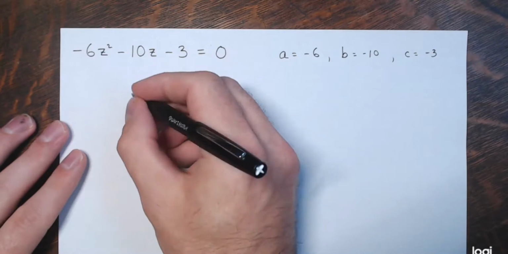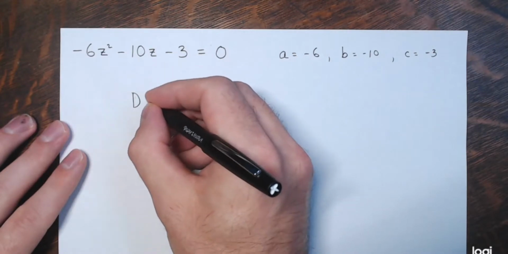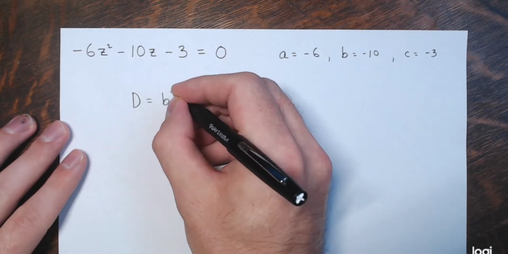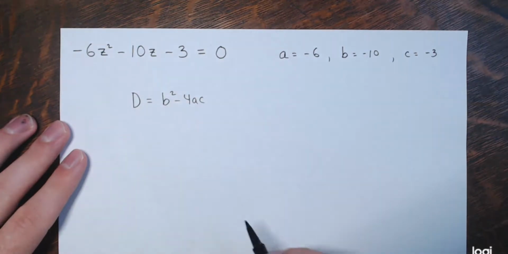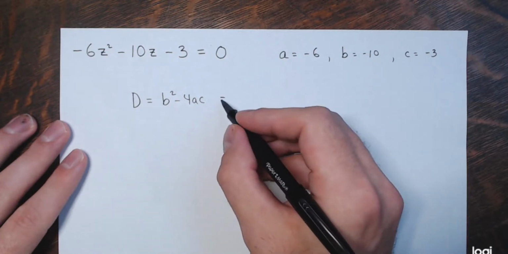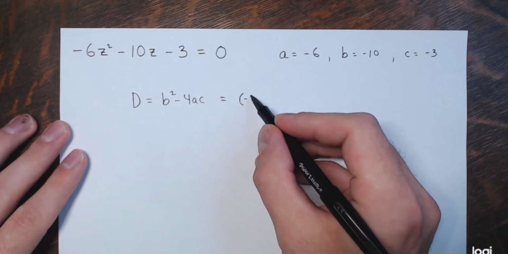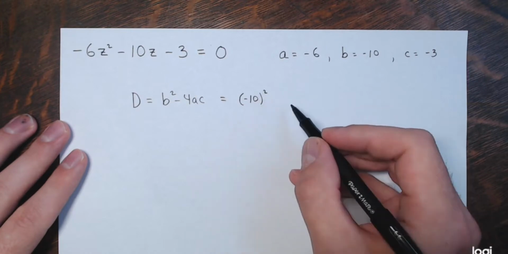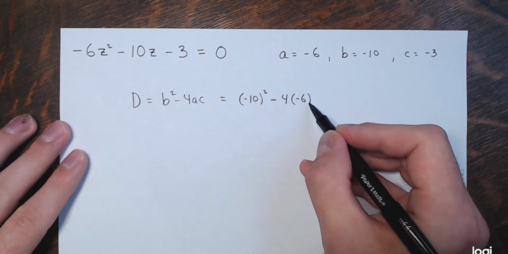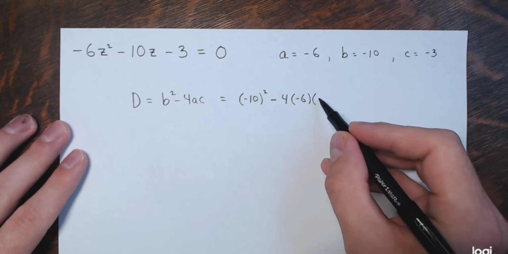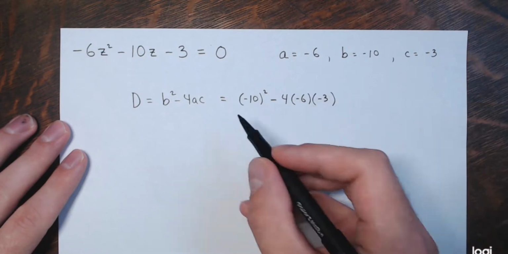Right? So the discriminant, remember, is b squared minus 4ac. And this is that expression underneath the square root symbol in the quadratic formula. So that's negative 10 squared minus 4 times a, so it's 4 times negative 6 times c, right, times negative 3.